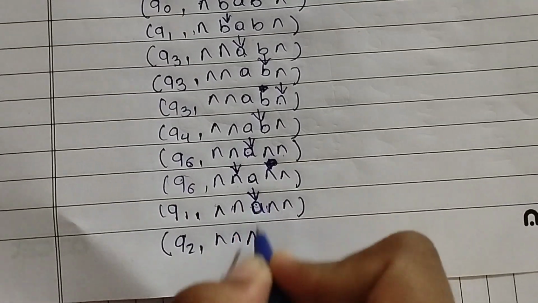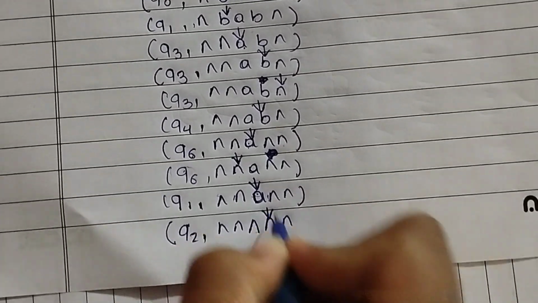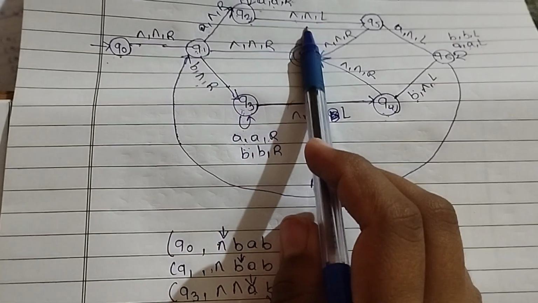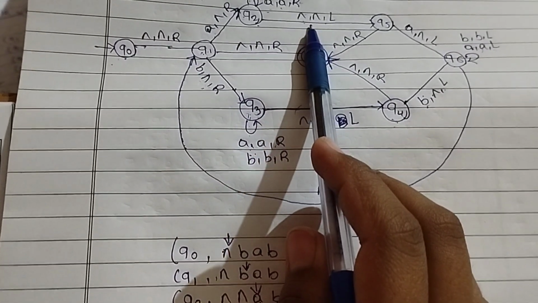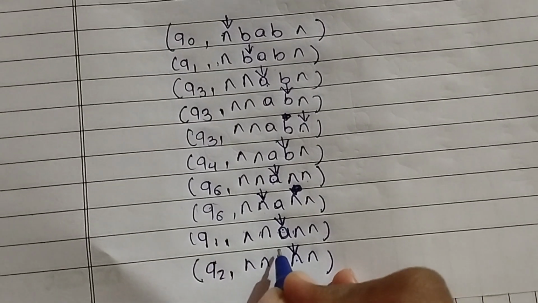So we convert this A to null and the remaining is all as it is, and we only shift to the right side. After the right shift, if you read the null value, then keep this null value as it is and move to the left. So we move to the left. Now next state, which state?